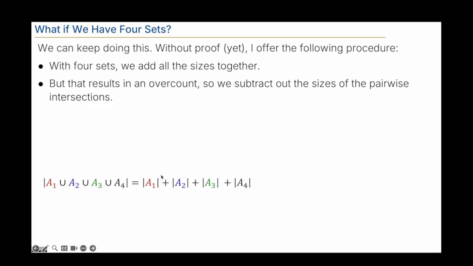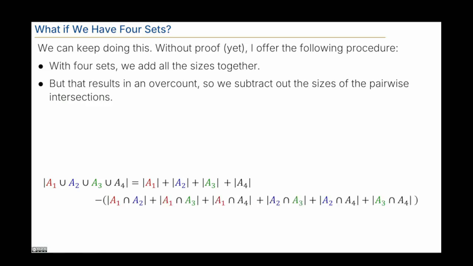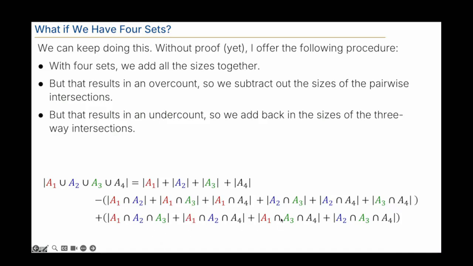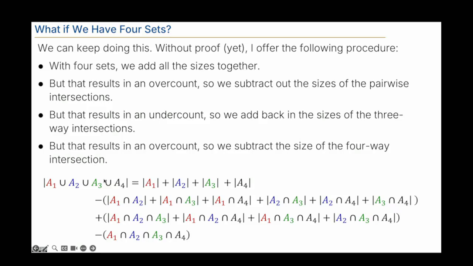So if I have some specific item that's in 1 and 2, now you've just counted it twice. So now what we're going to do is subtract out the pairwise intersections. There's more pairwise intersections when you have 4 sets, but that results in an undercount. So we're going to add back in the sizes of the 3-way intersections. Here they all are. These are the 4 different 3-way intersections, and that results in an overcount, so we'll subtract out the size of the 4-way intersection.